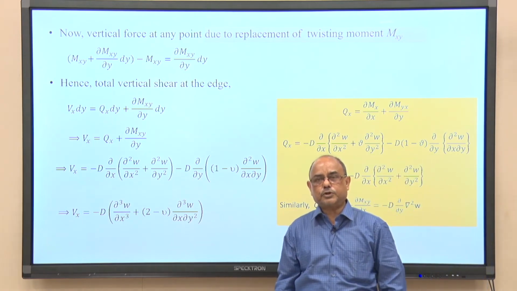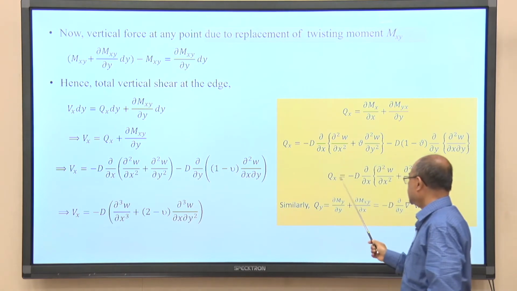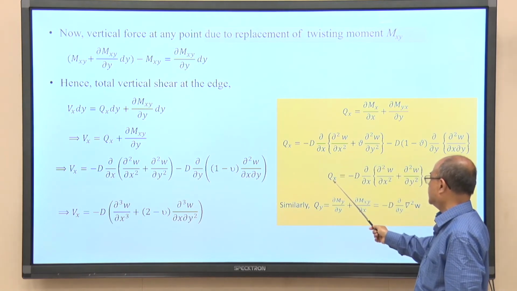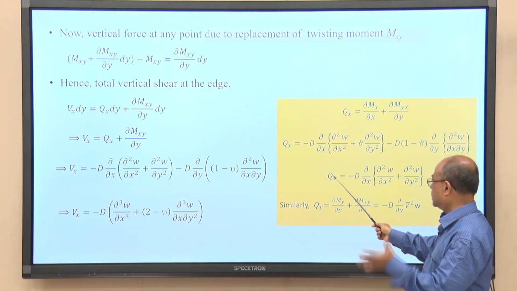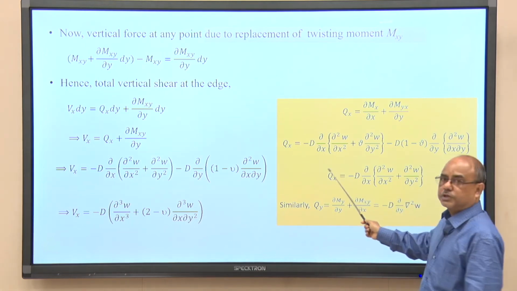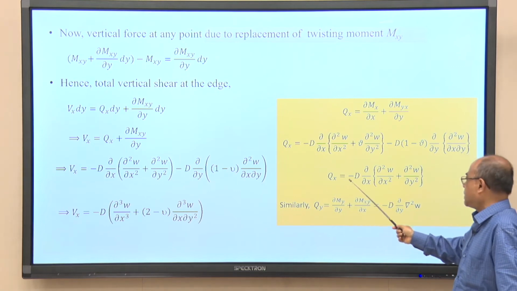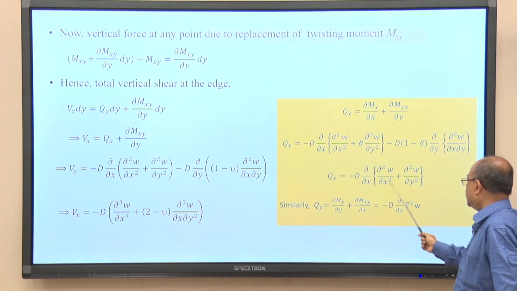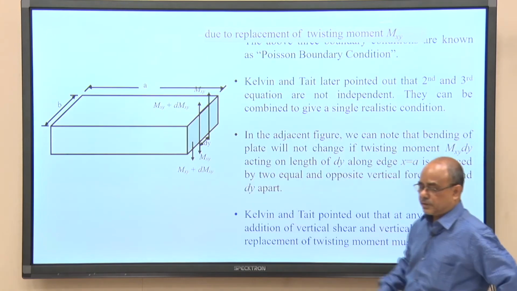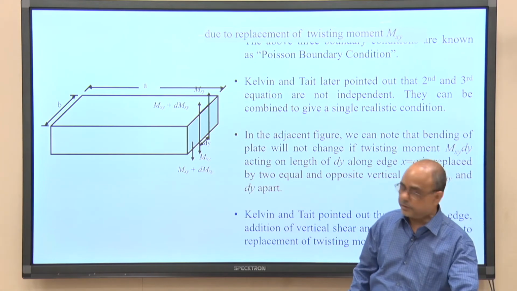So, there is no Poisson ratio term in the shear force expression, the shear force due to the transverse force or transverse load in the plate. It is simply minus D del by del x of the Laplacian operator on w.